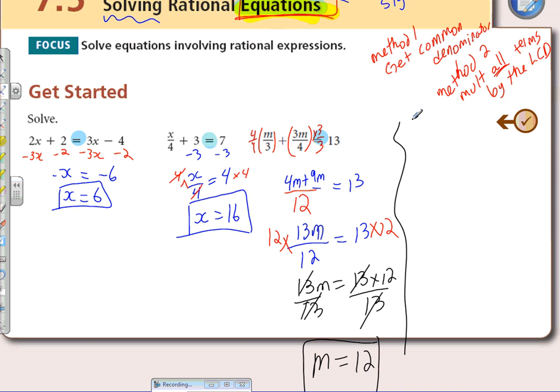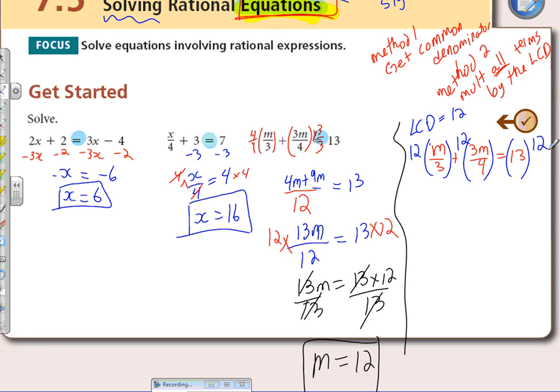So we find that the LCD is equal to the 12, which we already identified in method 1. And so we're going to take it. I'll just rewrite the question. Multiply every term by the LCD: 12, 12, 12.